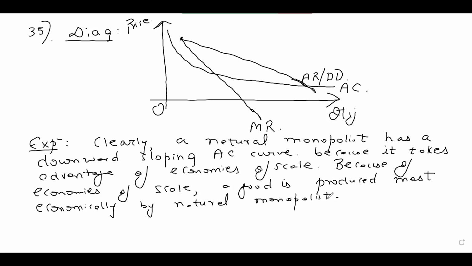Your average cost curve is always falling. That means you are producing the good most economically. And this happens because of economies of scale. Economies of scale simply means that over bulk production, average cost continues to fall.